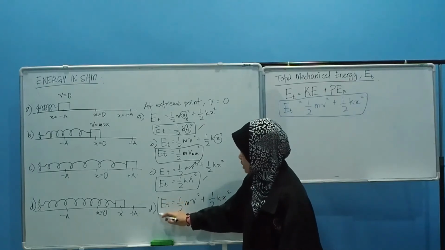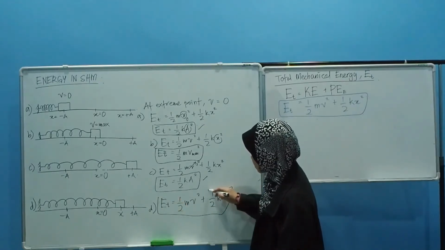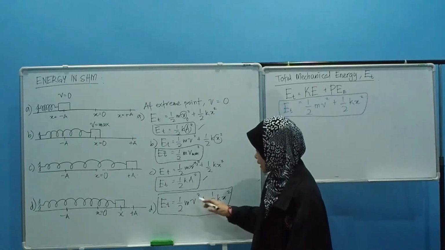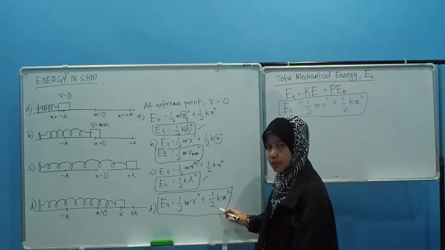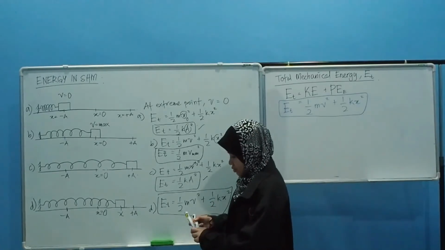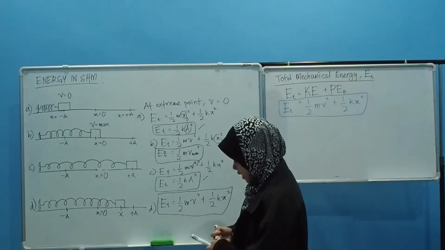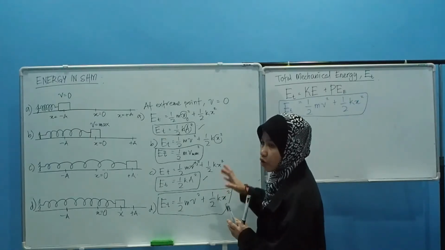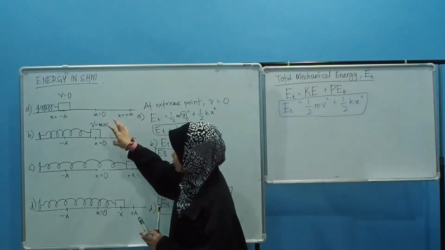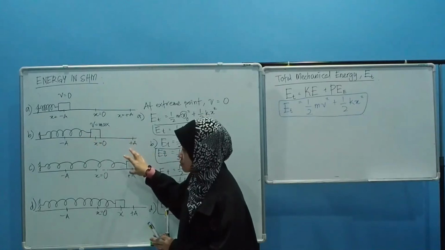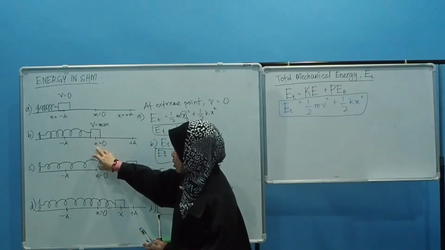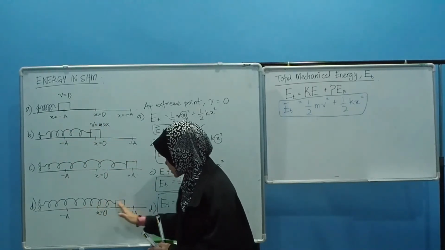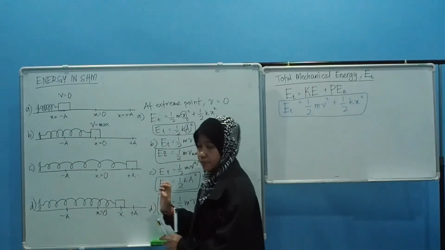So the total energy will be the summation of kinetic energy and elastic potential energy. Okay, so this explanation is how you are going to find the total energy at a given position, for example, at an equilibrium position, or at the maximum displacement, or at any arbitrary position here.